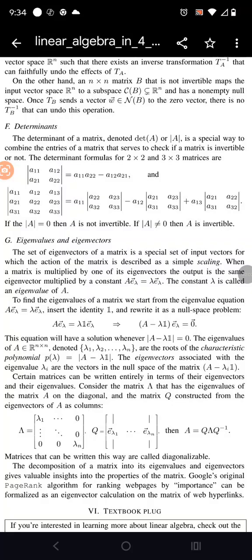Then we multiply Q times Lambda times Q inverse, which gives back the value of A. So matrices that can be written this way are called diagonalizable.